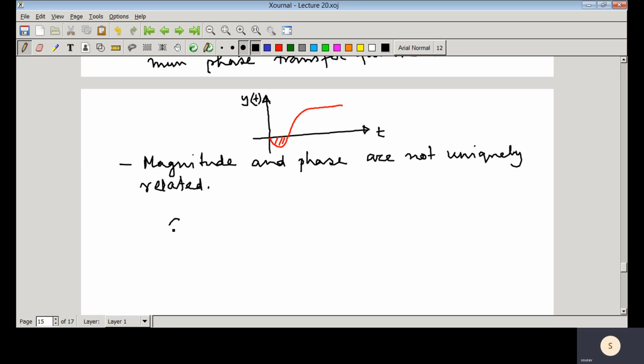So suppose we take a transfer function, that is G1(s) equal to (s plus 2) divided by (s plus 3). Then we can see that its magnitude is coming, that is, square root of (omega square plus 4) over square root of (omega square plus 9).